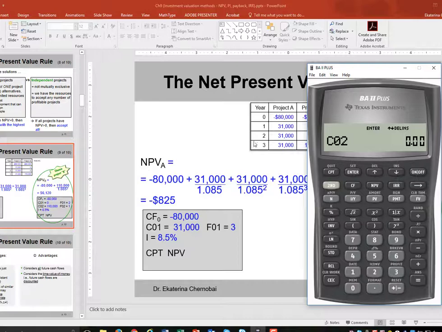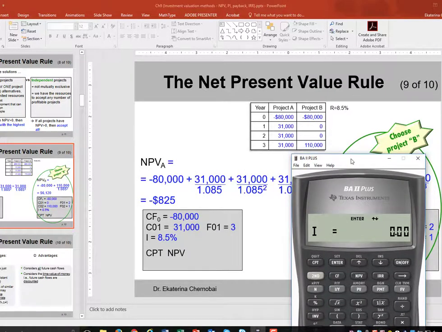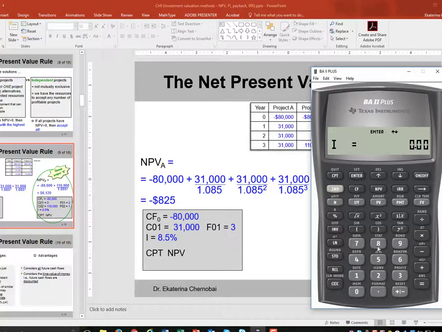Because cash flow 02 here would mean cash flow number 4 in the future, but there are no more. So now I can proceed to computing the NPV. I press the NPV button. The display asks me to enter the interest rate, which was given. That was 8.5%. So I enter that, 8.5, enter, down, compute. Negative $825.31. Okay, so that's the NPV for project A.